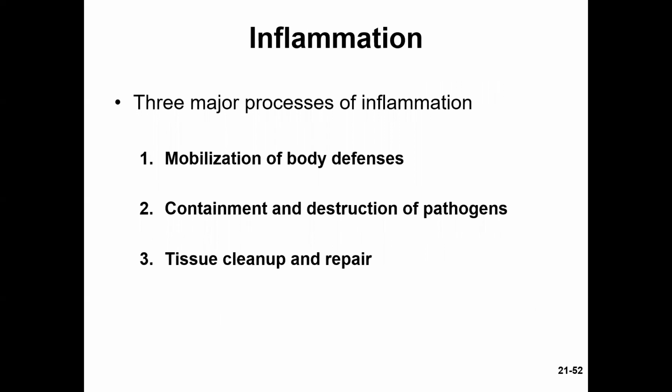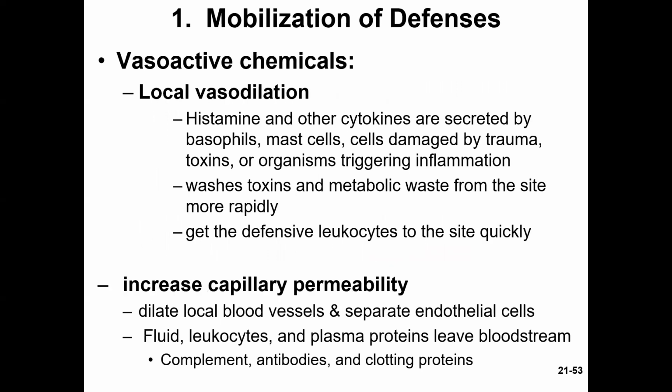The 3 major processes of inflammation: mobilization of the body defenses, containment and destruction of pathogens, tissue cleanup and repair. So in the mobilization of the defenses, we have vasoactive chemicals. So for that local vasodilation, it could be histamine and other cytokines that are secreted by basophils, mast cells, cells damaged by trauma, toxins, or organisms triggering inflammation.